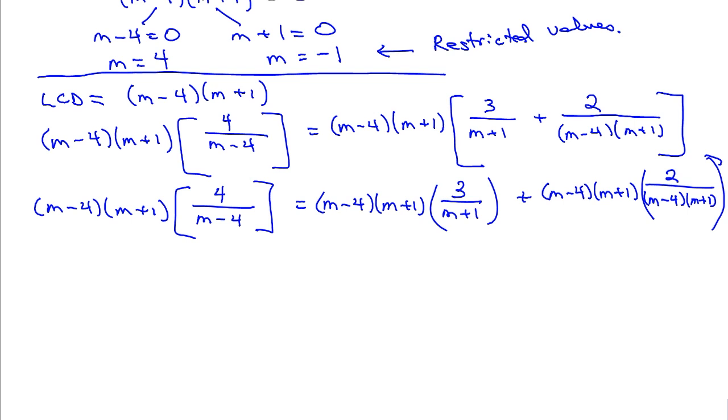And next, we cancel the denominators with our LCD pieces. On the left side, I have m minus 4. That part cancels. The first piece on the right side, I have m plus 1, so that's going to cancel. And on the second piece on the right side, I have both of them: m minus 4 cancels, and m plus 1 cancels.